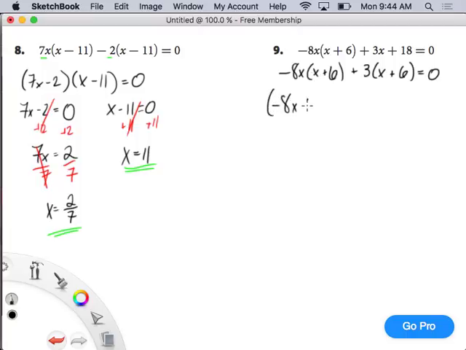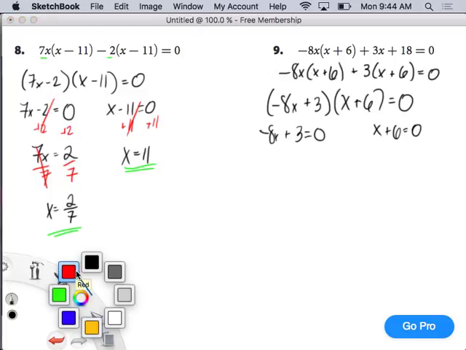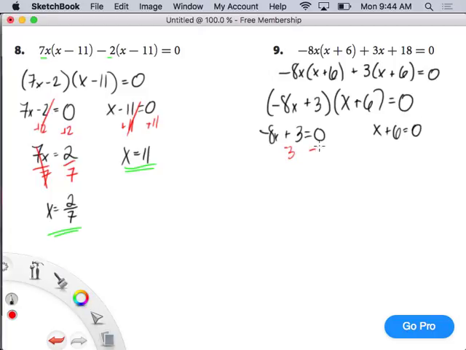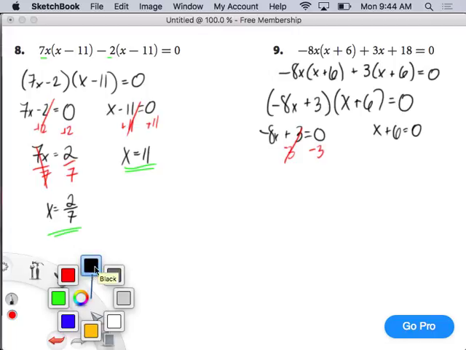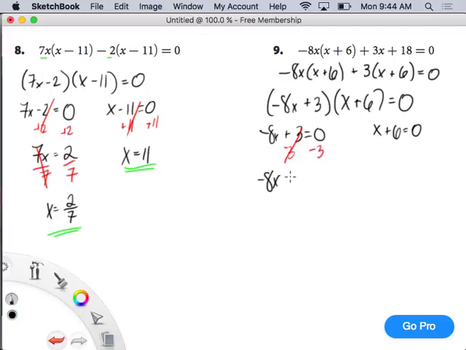So we group our first two terms: negative 8x plus 3 times x plus 6 equals 0. And we set them both individually equal to 0: negative 8x plus 3 equals 0, and x plus 6 equals 0. Subtract the 3 from both sides: negative 8x equals negative 3.